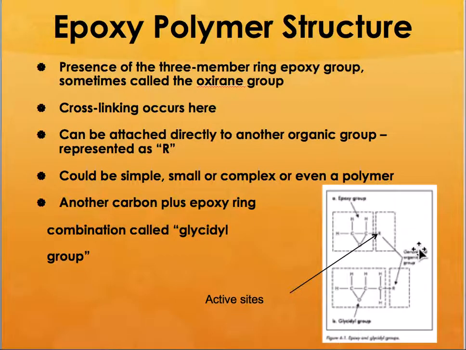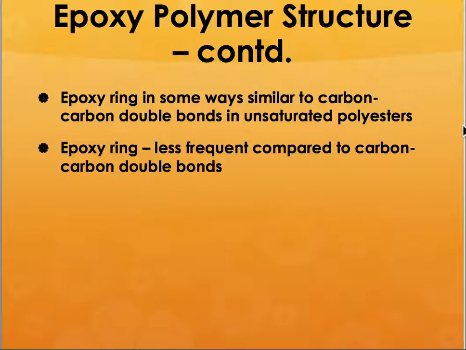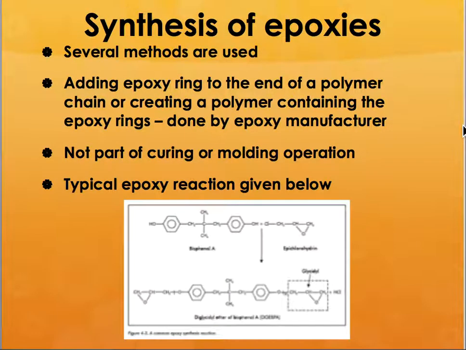It could be a simple one or a complex one, so depending upon how complex it is, you can get the right kind of properties. Another carbon plus epoxy ring combination is called the glycidyl group. In some ways it is very similar to a carbon-carbon double bond in unsaturated polyesters, but you may also find epoxy ring or epoxide groups, which is less frequent compared to carbon-carbon double bonds.